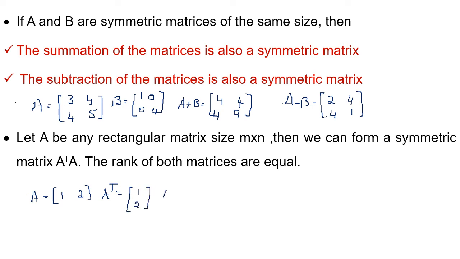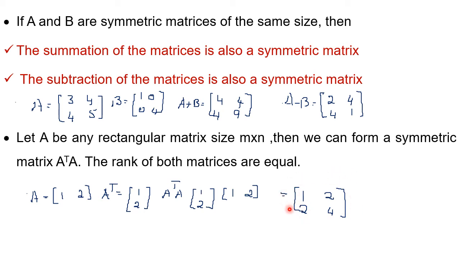So A transpose into A will give me 1, 2 multiplied by 1, 2. So this will give me 1 into 1, 1, and 2 into 1, 2, 1 into 2, 2, 2 into 2, 4. So if you observe, this matrix happens to be a symmetric matrix.